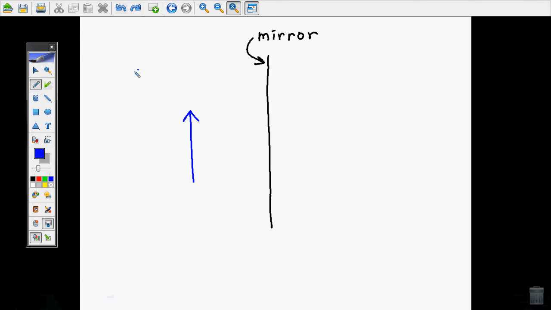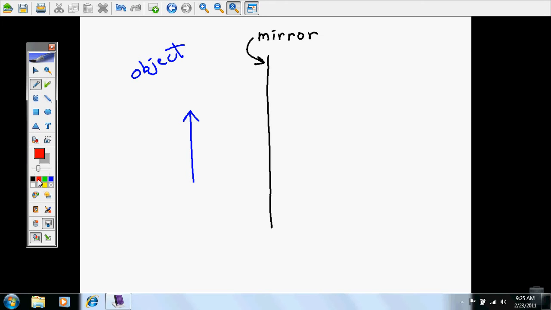So this is our object. And today I'll be drawing the light rays using red. So anytime I draw in red, you know that that's light.